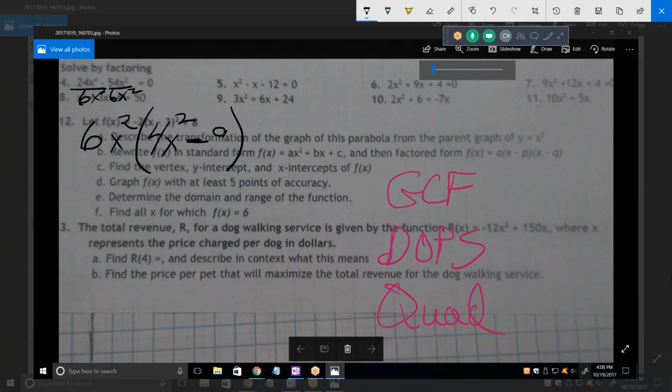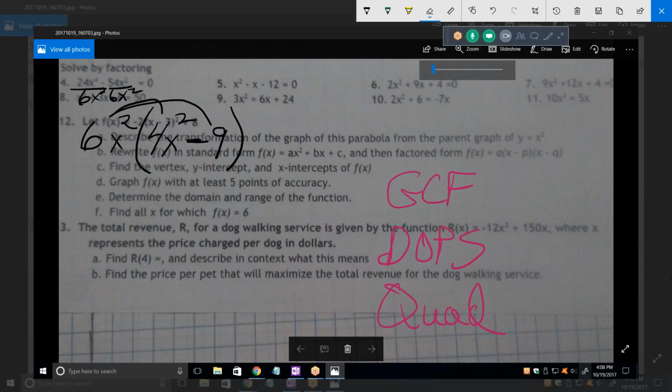Minus 9. Just 9. And if you want to check, and you should always do this every single time, after you've factored it, multiply it back together again. That times that is 24x to the 4th. That times that is minus 54x squared. That's what you started with.